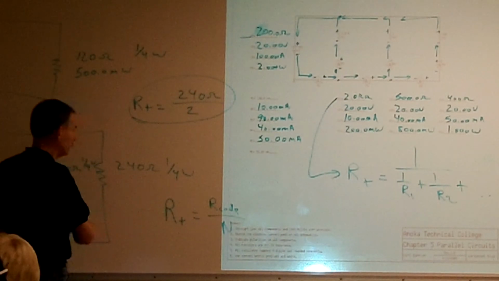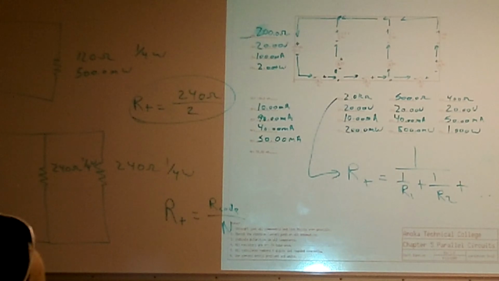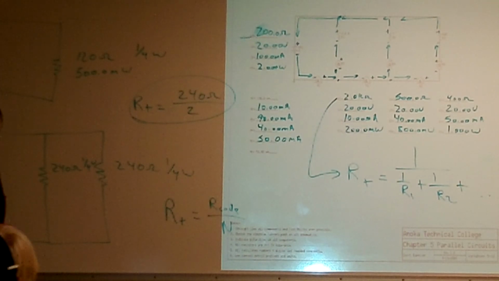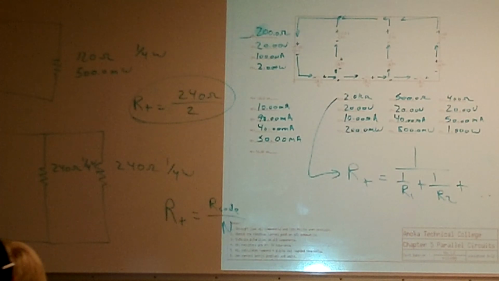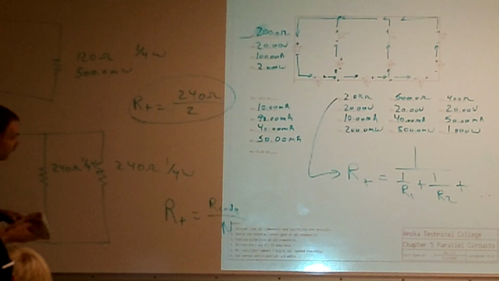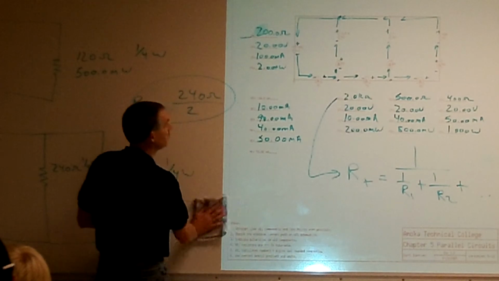So if I have 10 240 ohm resistors, I can just take 240 divided by 10, and that would give me 24 ohms. I can just divide it by 10. So that's another nice little formula that we like to use.